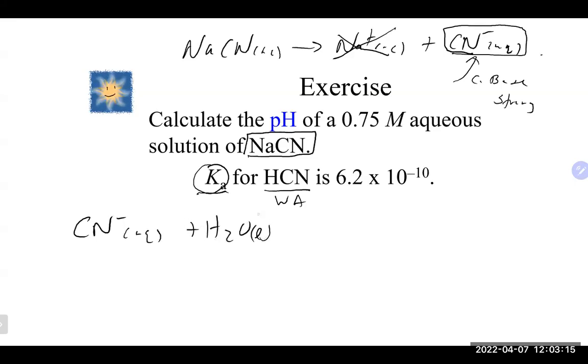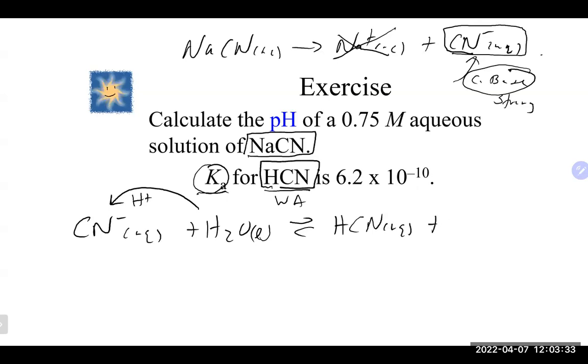And logic here tells us it doesn't have an H, so it's got to accept the H. And we know it will because it's acting as a base, which means it should be accepting the H plus. That is going to form where it came from, which is a very common theme, which is also given to you in the problem.